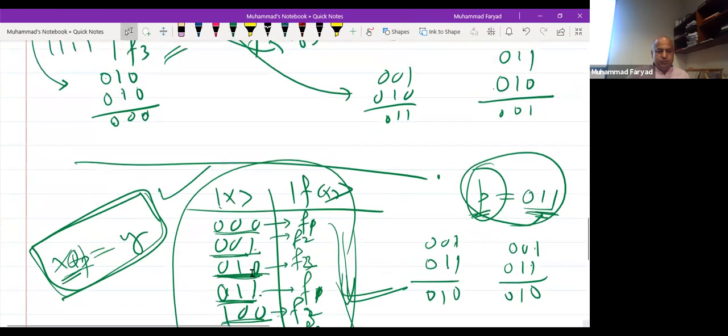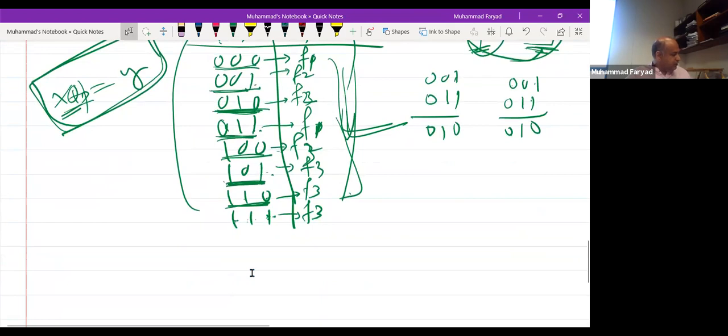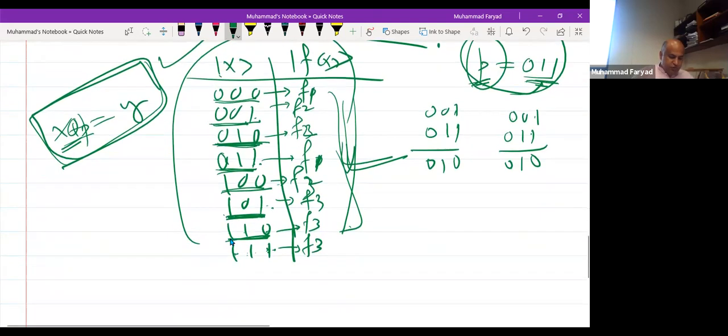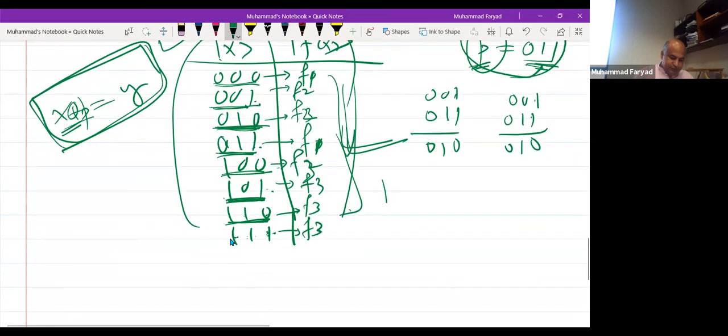Okay, let me take another example, and let me actually show the plot quickly as well. For this one, the plot is going to be something like this. Let's draw a plot. So this is input 0, 1, 2, 3, 4, 5, 6, 7.